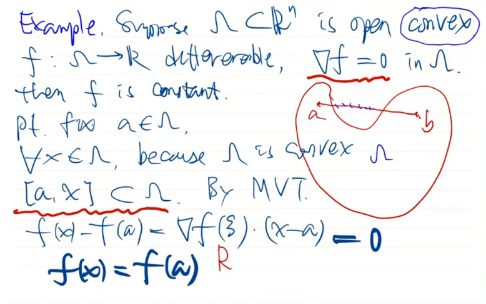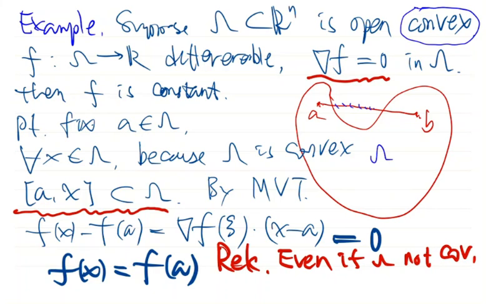So I have a remark here: even if omega is not convex, the result is still true. This can be an exercise for you.